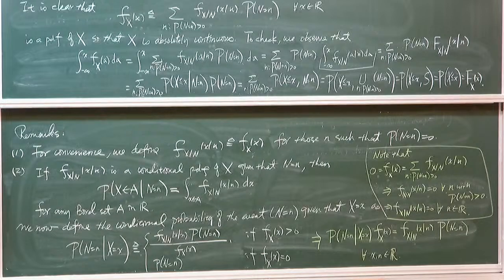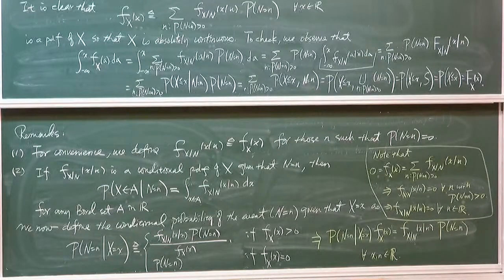Let N be a discrete random variable, and X an absolutely continuous random variable with a PDF f sub X. Right, so N itself is a discrete random variable, and X is an absolutely continuous random variable.